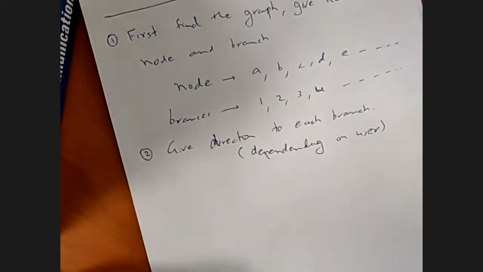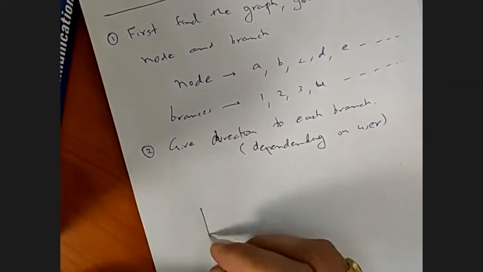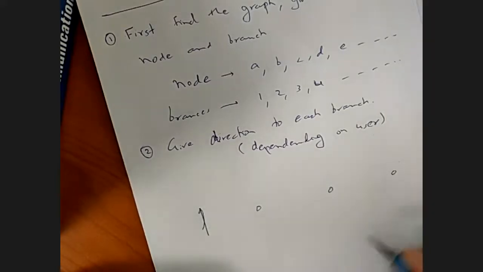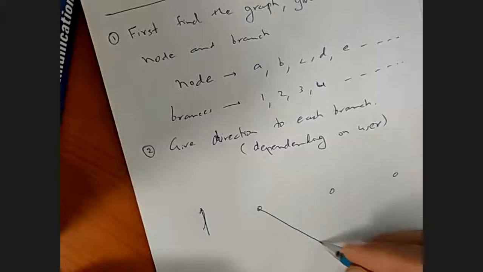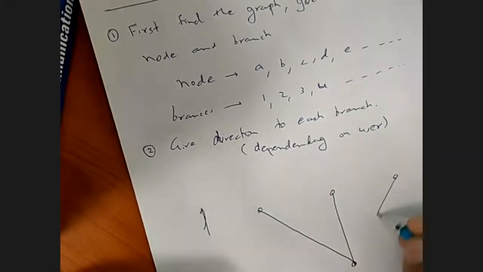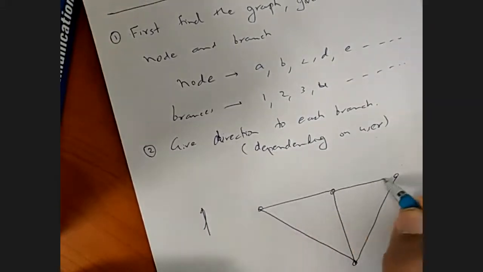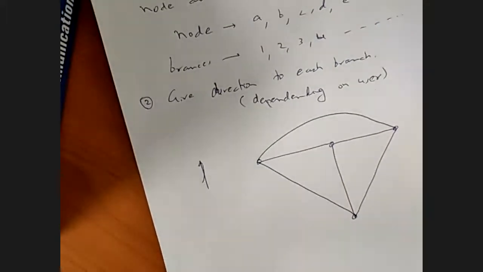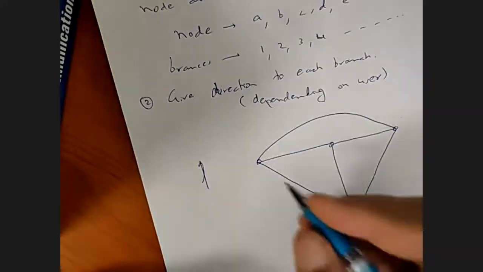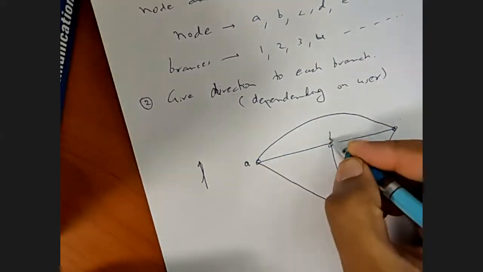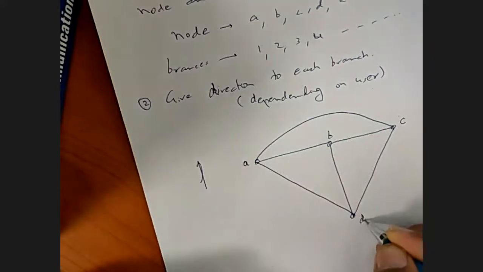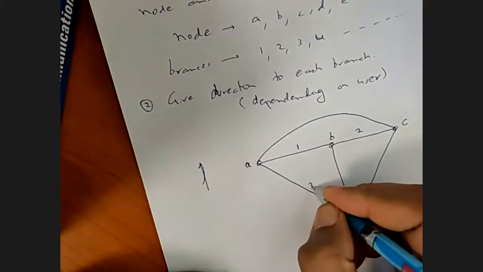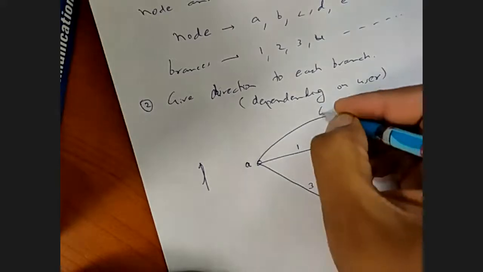Clear? So let's consider we have a network and we have drawn a graph like this. We will give A, B, C, D to the nodes, and we have to give a number to each branch: 1, 2, 3, 4, 5, and 6.